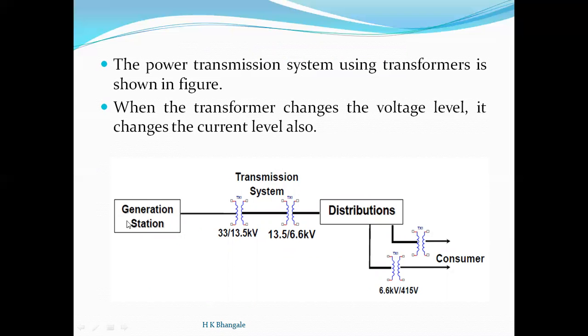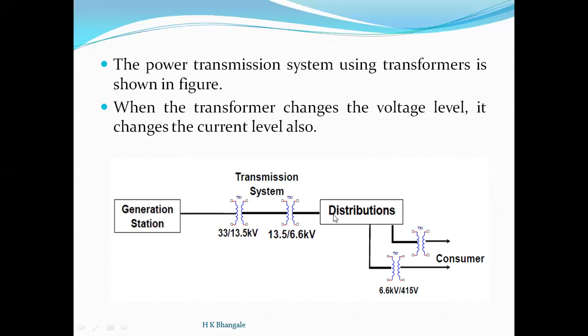Here a generating station generates the power or electricity at about 33 kV, and this 33 kV we have to transmit. So first, using a transformer, it is converted into 13.5 kilovolt, a level lower than 33.